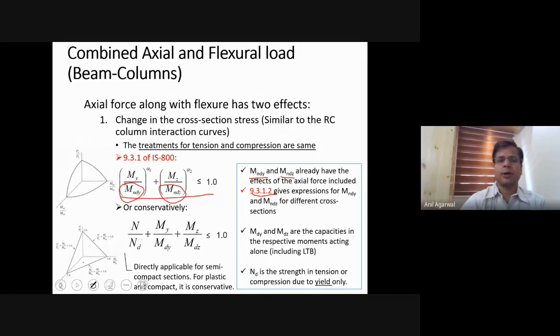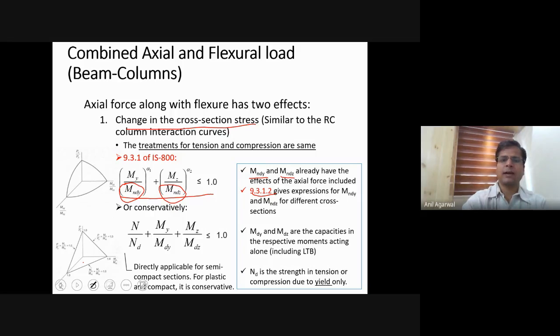There you will find the equations for M_ndy and M_ndz, which depend on their respective critical buckling. Sorry, this is not critical buckling. This is about the axial stresses. This is purely with respect to the cross-section stresses, which depend on their respective M_y value, yield moment, and M_p value, plastic moment.